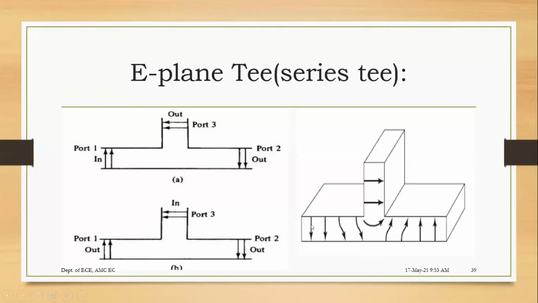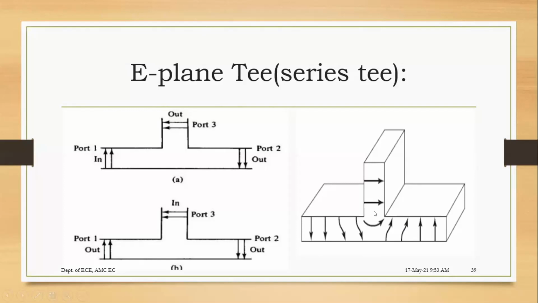Now here, actually the input is given to your port 1. When you give input to port 1, because of the structure the direction is changing and you are getting the variations towards this direction, whereas here the direction is this. So when you compare your port 3 and port 2, they are different in phase.